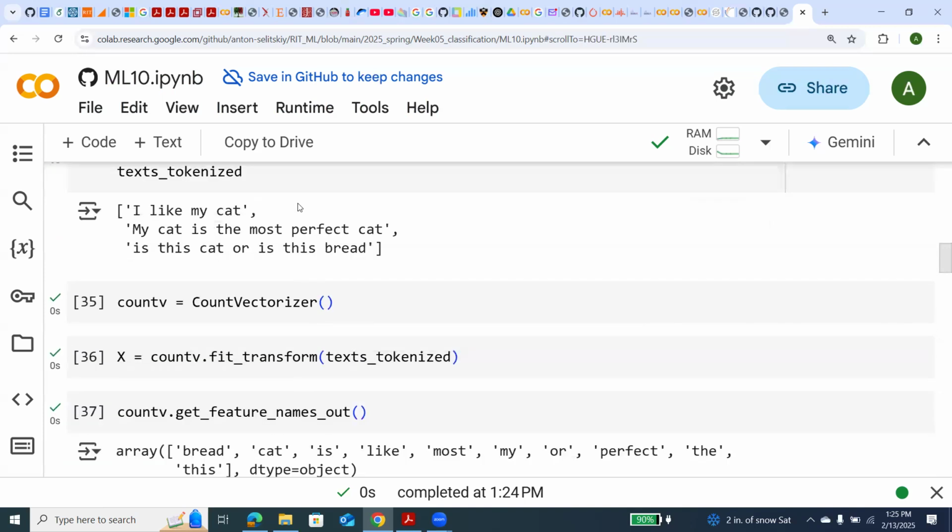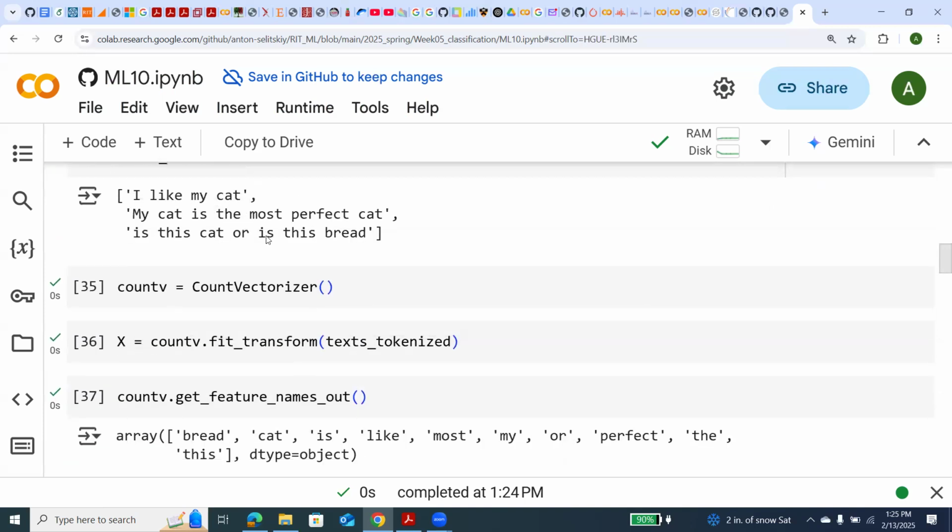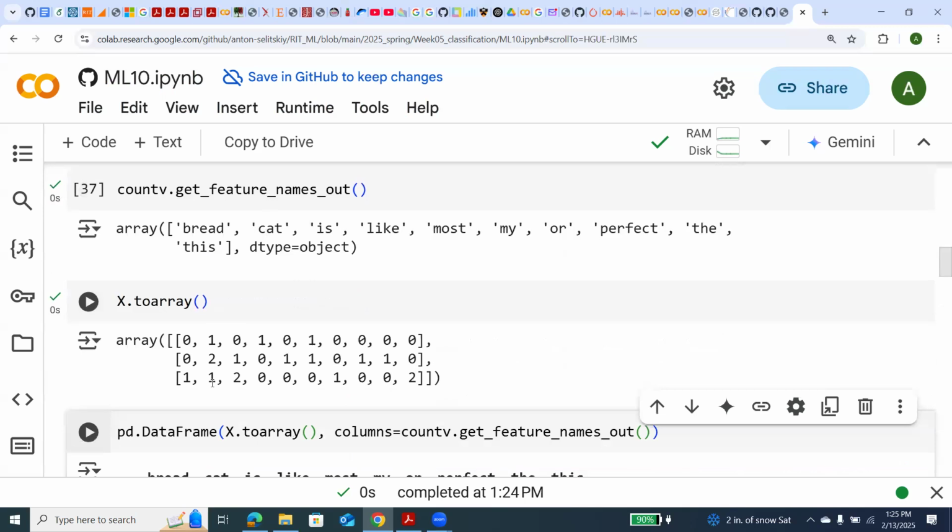The other phrase, this my cat is the most perfect cat. The word cat was mentioned twice. So that's why on the position corresponding to the word cat, we have 2. And this is called count vectorizer. So for the phrase, we just return a long vector with counts of the tokens.